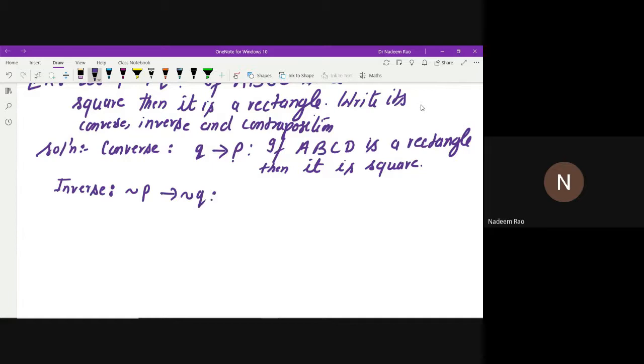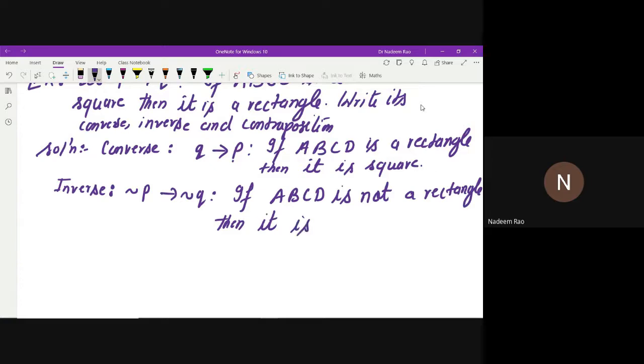If ABCD is not a rectangle, then it is not a square.